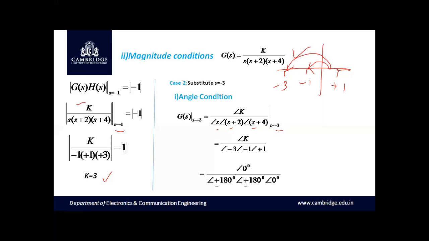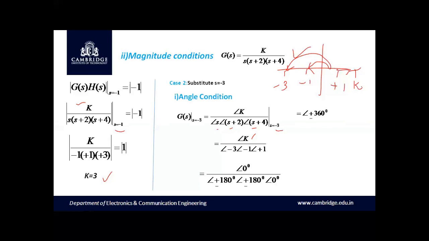I get angle of 0 degree for k, as k will be in the positive real axis, divided by angle of plus or minus 180 degree for minus 3 into angle of plus or minus 180 degree for minus 1 and 0 degree for plus 1. Hence I get angle of 0 degree divided by angle of plus or minus 360 degree.